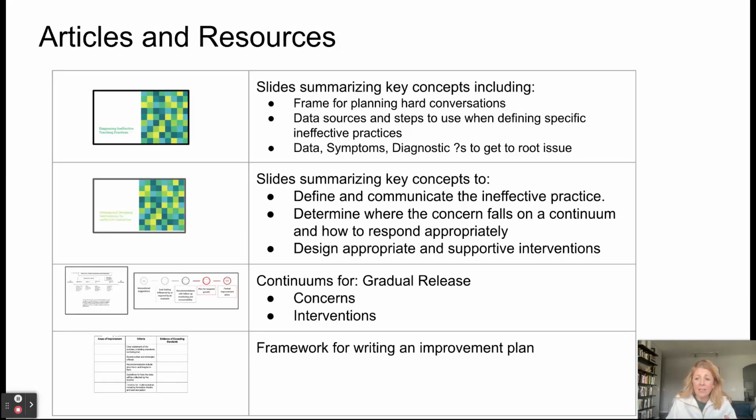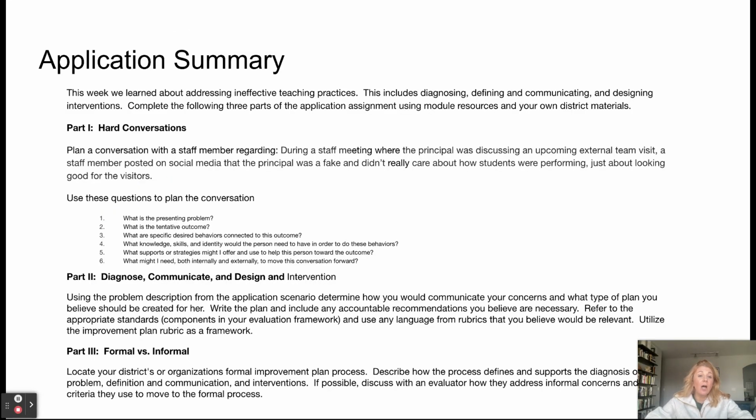And then finally, you are going to be given a framework for writing an improvement plan to use. But I also encourage you, and you'll see this in part of the assignment, to use your own district's framework for plans of improvement. So your application this week has 3 parts.